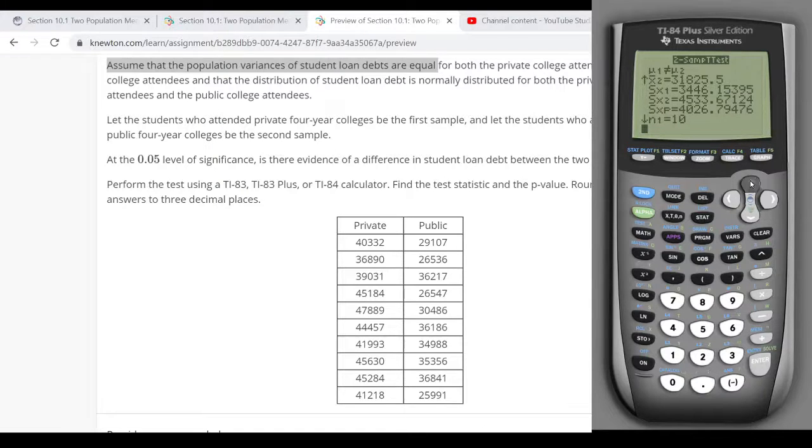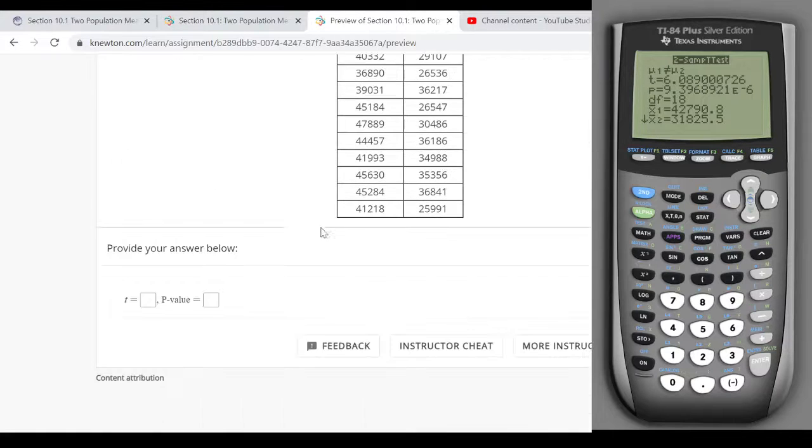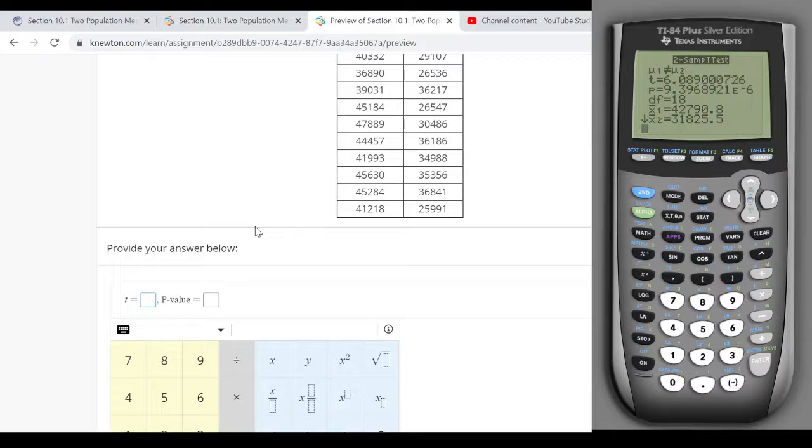It gives you all this stuff. But all that we care about are the test statistic, and the most important thing, the p-value. And if you're rounding to 3 decimal places, the test statistic would round to 6.089. Right? So back here, the t is 6.089.